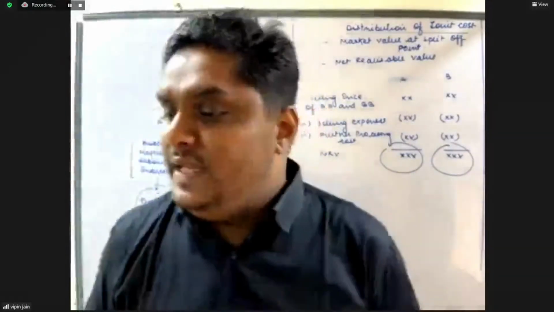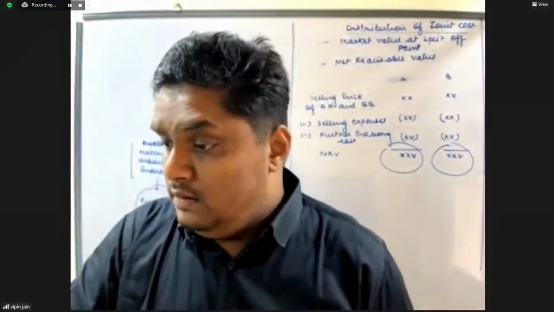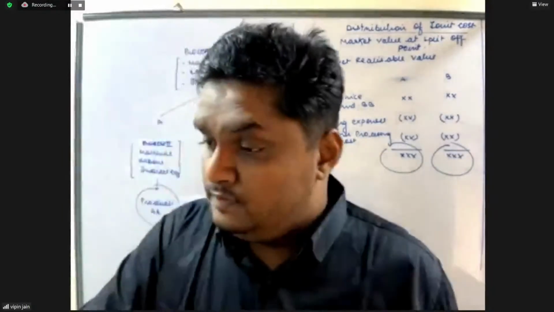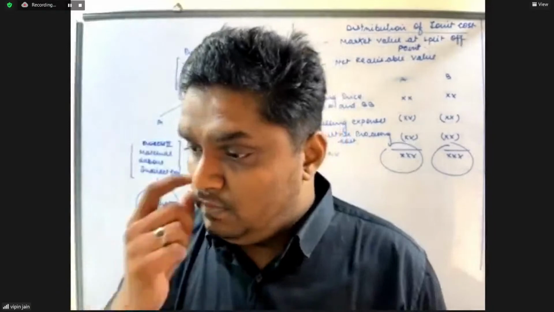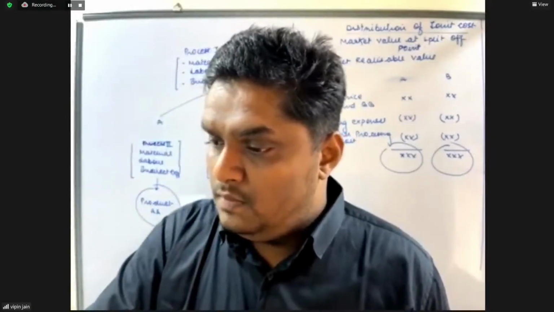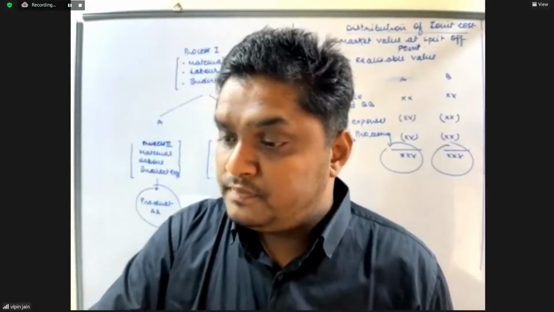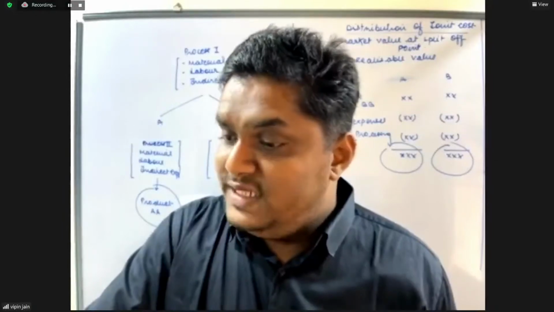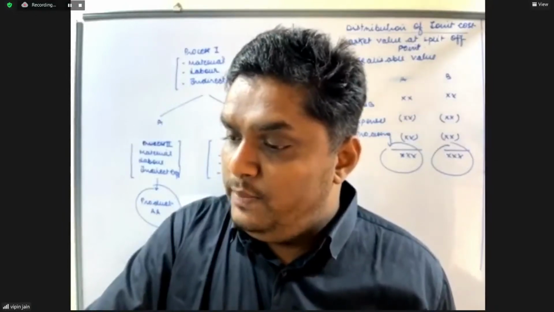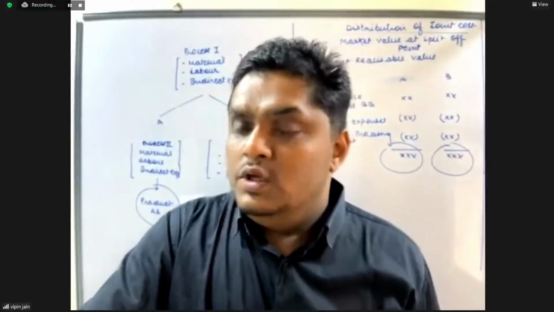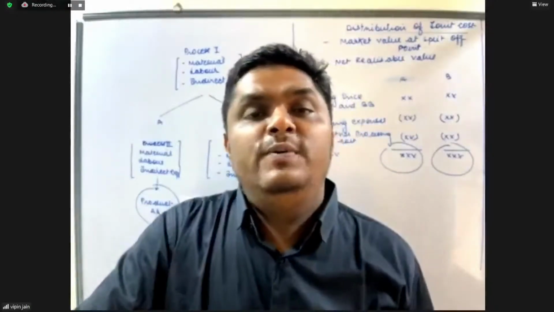Let me discuss this with the help of an example. There is a query from Dikshita: when a joint product in process first does not transfer to the next process, so if it is sold, then it's perfectly fine.